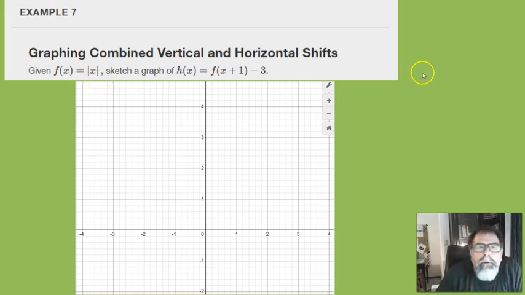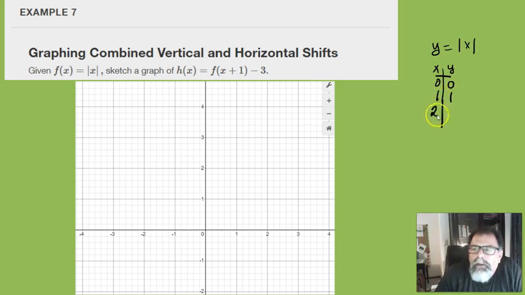So if you remember, absolute value, x, y, we're going to do 0, absolute value 0 is 0, absolute value 1 is 1, absolute value 2 is 2, and then if we do the negative side, absolute value of -1 is +1, absolute value of -2 is +2, and you get a V. So I can keep going 3, 3 if I want to do more on my table there.